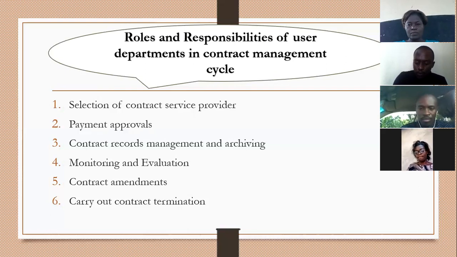Moving on to point number 5, where we have contract amendments. In most cases, if one decided to make a procurement of a certain kind of car, let us say a Mercedes-Benz for local government users, and key specifications have been given, including AC.